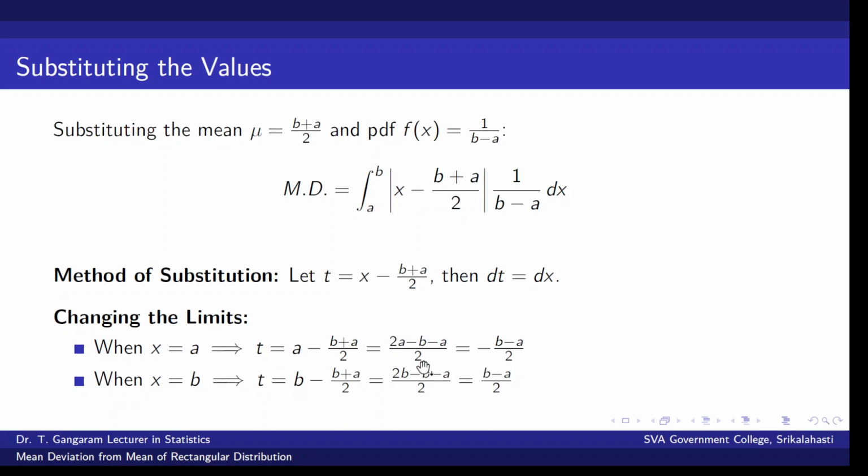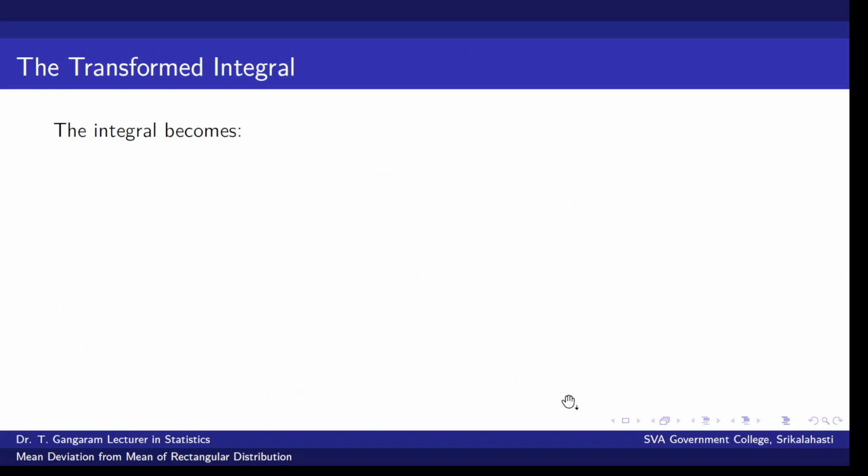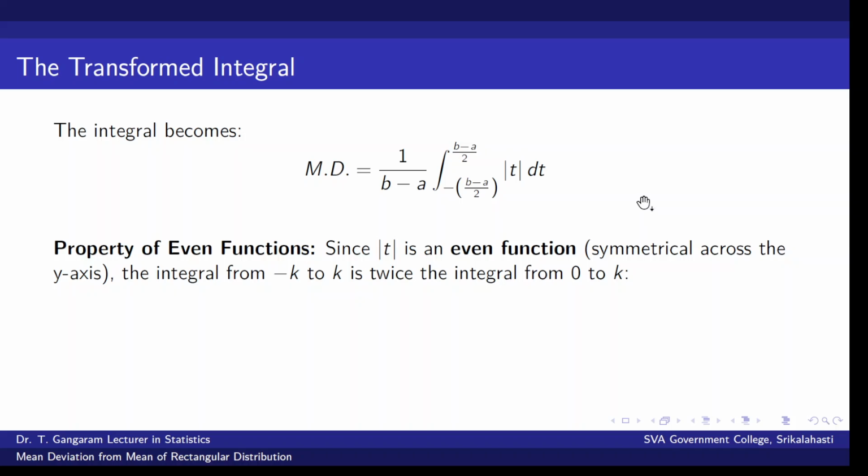So if x is equal to a, it is minus (b minus a) by 2, and if x is equal to b, it is plus (b minus a) by 2. We substitute the limits. Then the integral becomes 1 by (b minus a) times the integral from minus (b minus a) by 2 to plus (b minus a) by 2 of modulus of t dt.